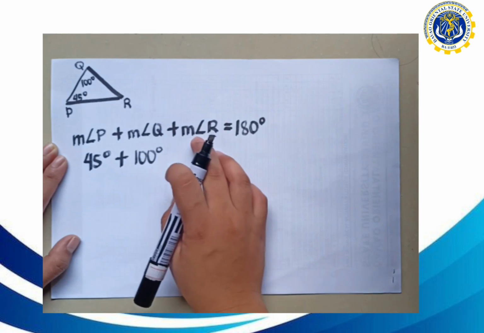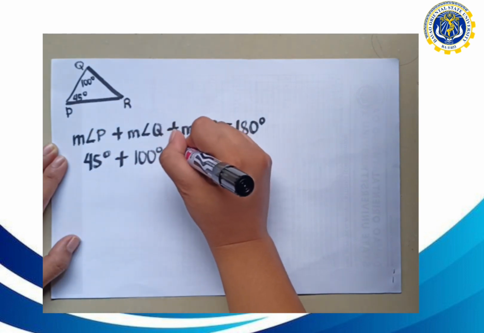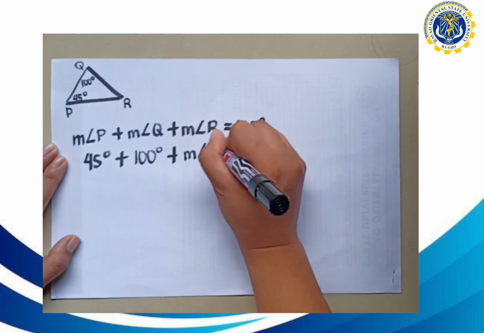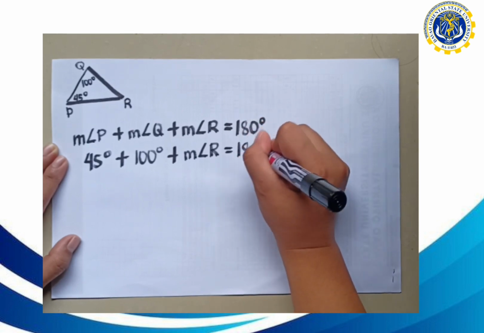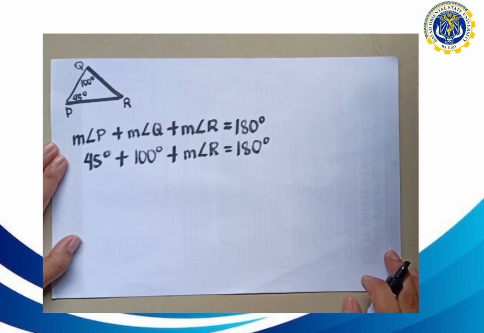Since our measure of angle R is unknown, you copy the measure of angle R, then is equal to 180 degrees.